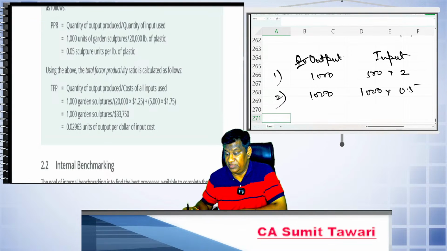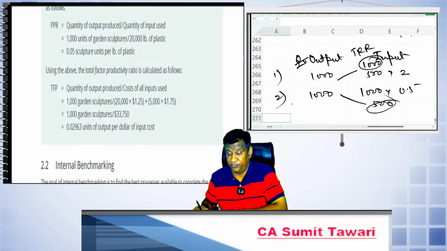So if you see, for one the cost of input is 1000, and for the other the cost of input is 500. So that is basically the TPR. So TPR is good in case of company 2, but if you see the PPR, then PPR is good in case of company 1.